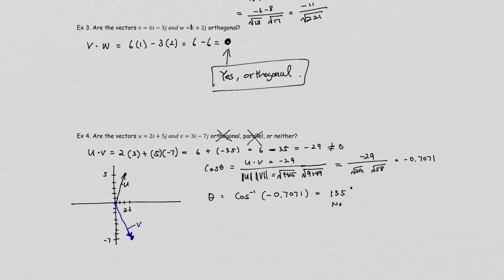So not parallel for that reason, and because it's negative 29, this is not orthogonal. So this is going to be neither.